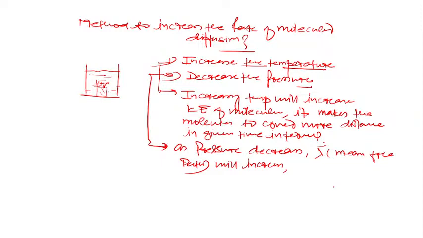The number of collisions will decrease. As you have seen, due to collision only the molecules change their velocity, both in magnitude and direction. Now, as the pressure decreases, lambda increases, meaning the distance between the molecules increases. That will obviously increase the net distance traveled by the molecules in a given time interval.